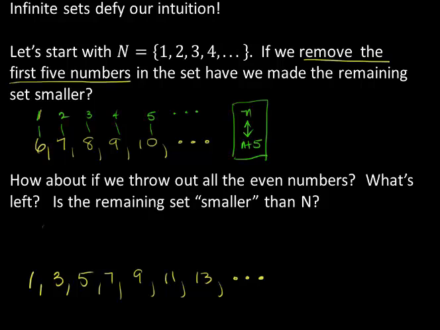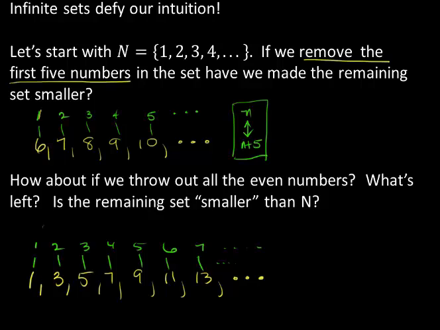Well, let's see. Let's take green again, and I'll write the natural numbers here: 1, 2, 3, 4, 5, 6, 7, and so on. Well, no. Look, this is a one-to-one correspondence between the two sets. Now, we don't need to have a formula for it.